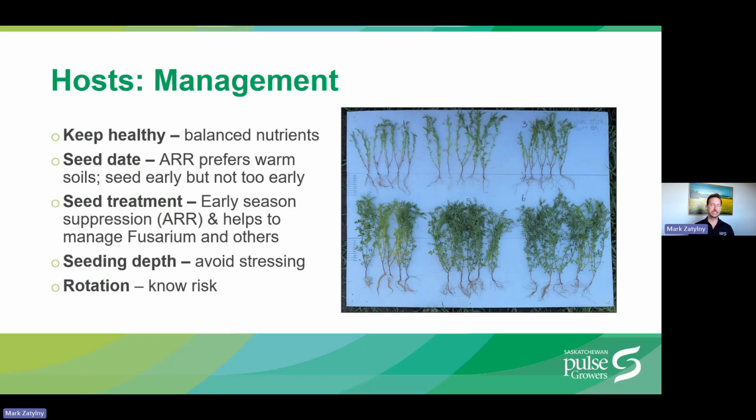And of course, that 6 to 8 year rotation, knowing the risk that you have in your fields, being able to assess which ones are higher risks, helping you manage your different rotational options.